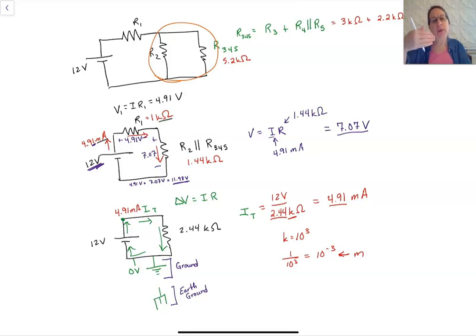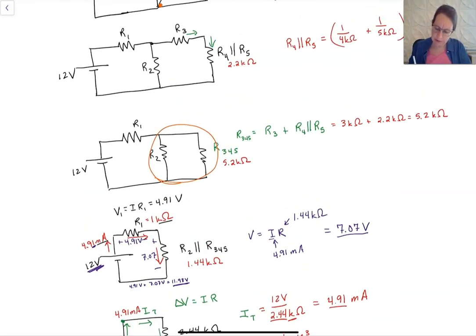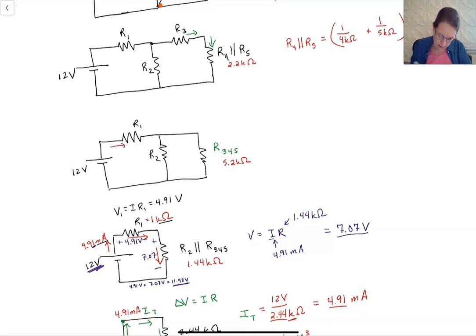Okay, so moving back into the circuit, we're sort of unpacking the circuit. We found this equivalent resistance, so I need this space back. Now we know that the current here is 4.91 milliamps. We know the voltage here is 4.91 volts.